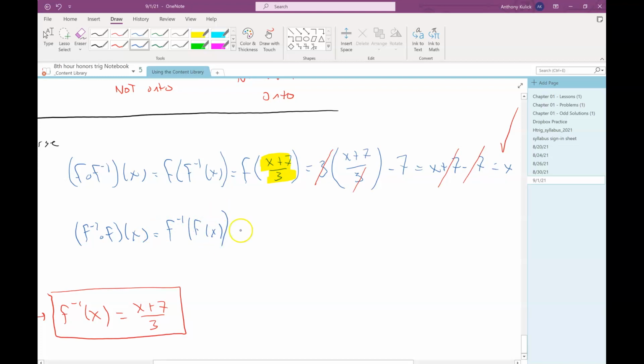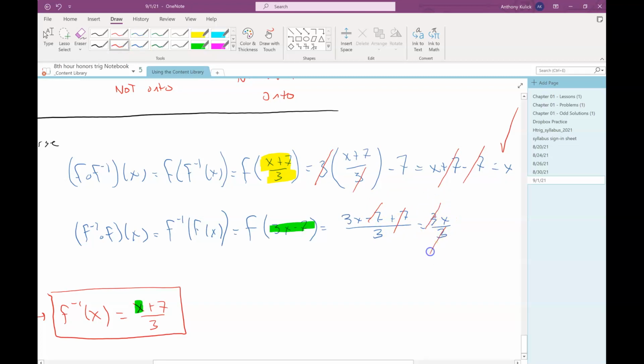So f inverse of f of x. In this problem, f of x was 3x minus 7. When I plug that into f inverse, I get (3x minus 7 plus 7) all over 3. The minus 7 cancels with the plus 7, leaving us with 3x over 3.